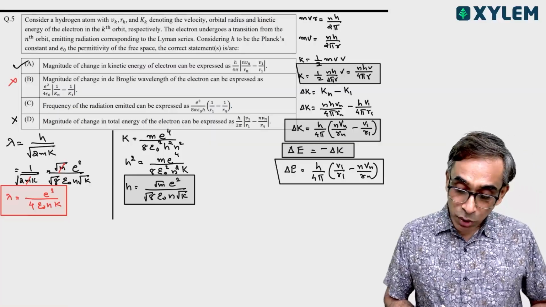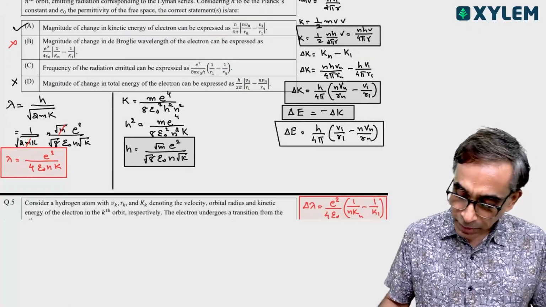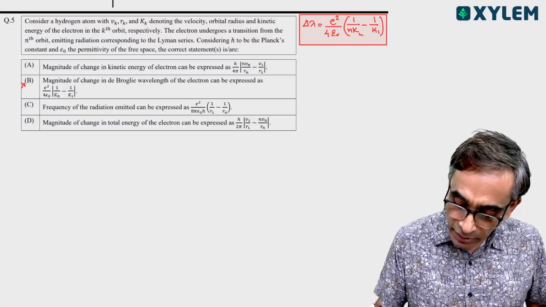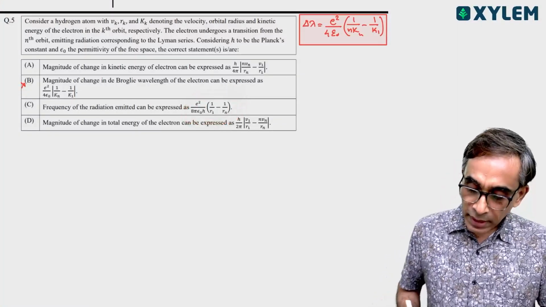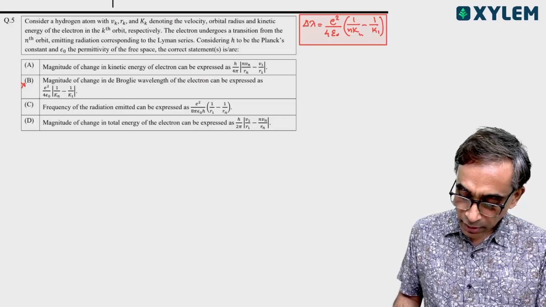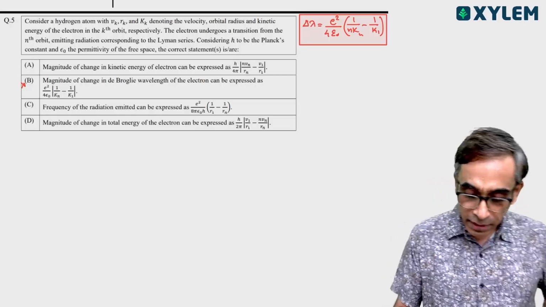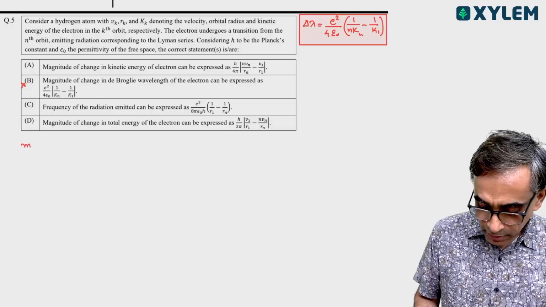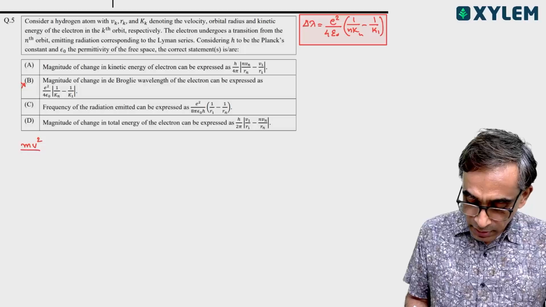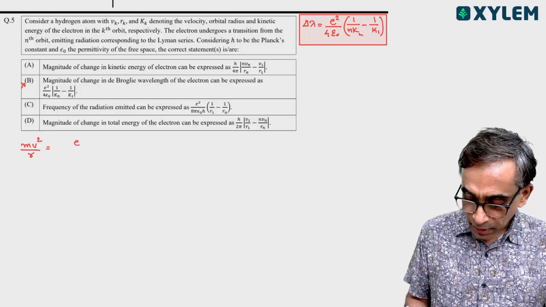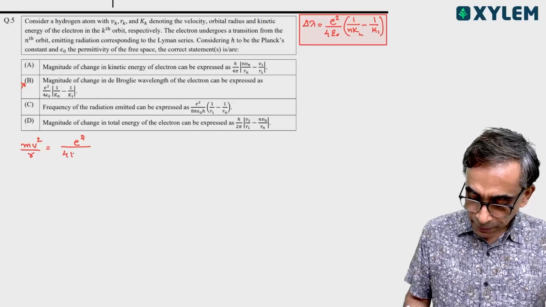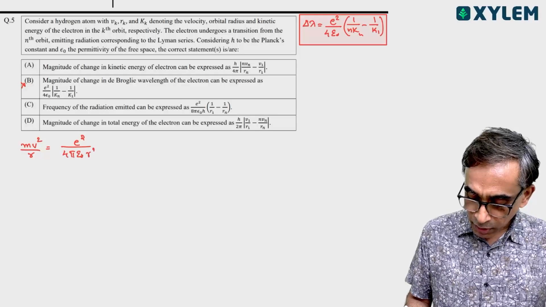Now frequency of emitted radiation. How to do frequency of emitted radiation? See the equation, it is given in this format: e squared by 8 pi epsilon 0 h into 1 by R1 minus 1 by Rn. That I think is pretty easy, because we know that in the Rutherford model as well as in the Bohr model, the centripetal force is given by the electric force between the electron and the proton, that is e squared by 4 pi epsilon 0 r squared.